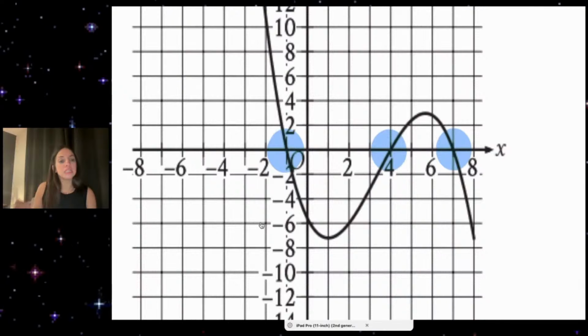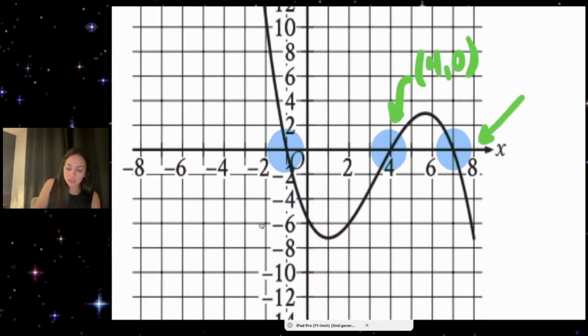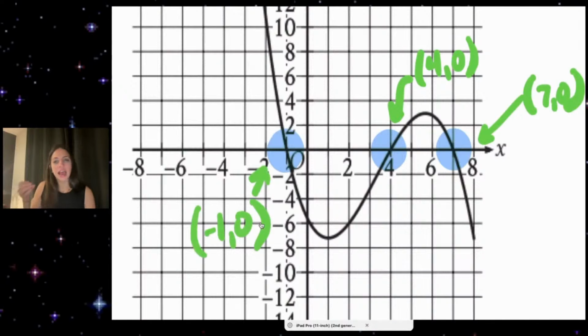But every single one of those has an x value. This is the coordinate point 4, 0. This is the coordinate point 7, 0. This is the coordinate point -1, 0. All of those dots have an actual x value. How many times does x equal 0?